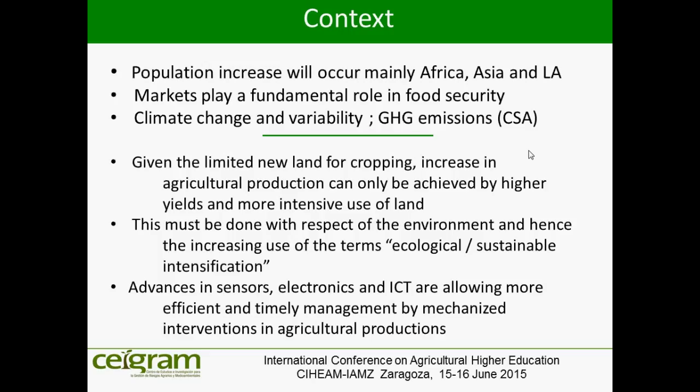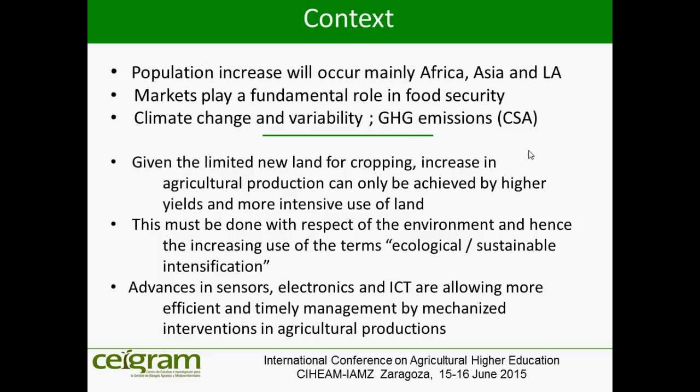At the same time, there is a qualitative jump on the advances of sensors, electronics, ICT, that allow us to manage the plots and the farms better. There is a possibility of improvement in the management of agricultural systems, or at least some farms. And when I talk about sensors, I include low-cost sensors and all this equipment.